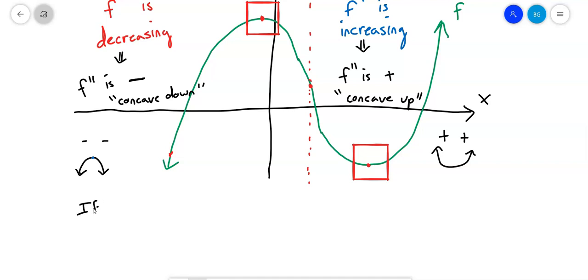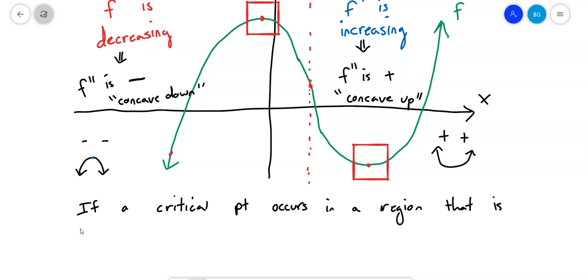If a critical point occurs in a region that is concave down, that implies it's going to be a maximum.